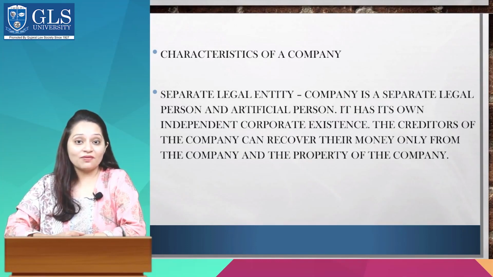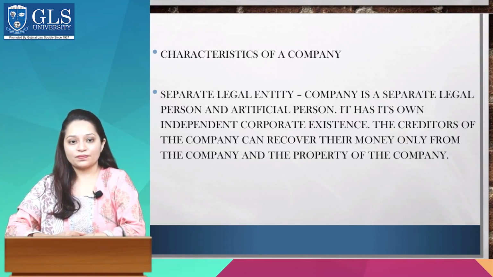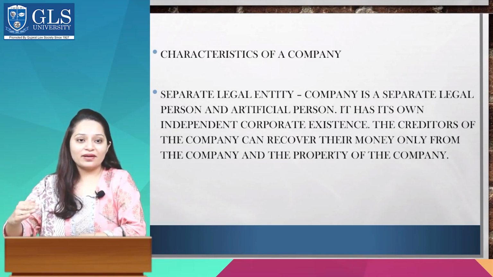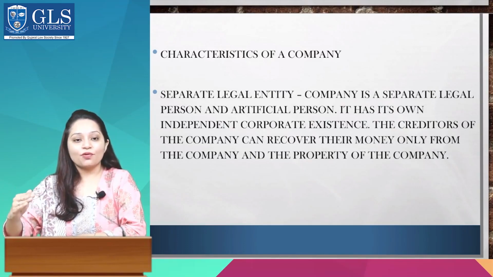Then how can we give a separate legal entity to it? Law has declared the company as an artificial person. That means the company has its own legal existence. And as a result, the company independently can enter into all the contracts related to the company.